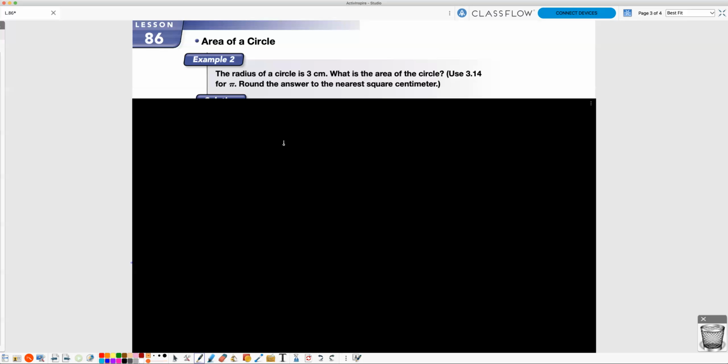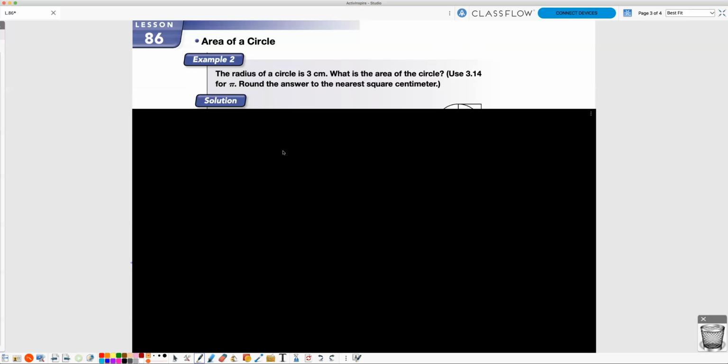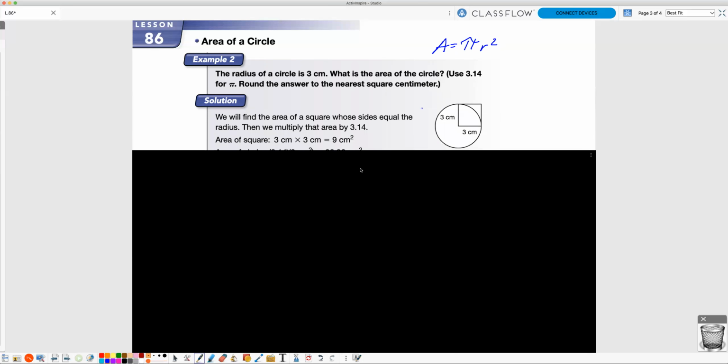In example 2, the radius of a circle is 3 centimeters. What's the area of the circle? Again, use 3.14 for pi and round the answer to the nearest square centimeter. If we're looking for the area of a circle, area equals pi r squared would be the formula you could use.